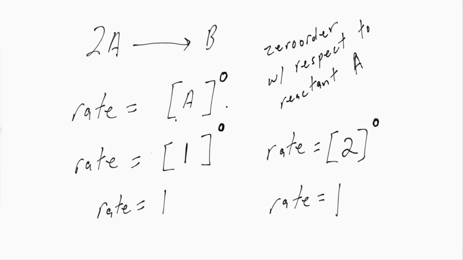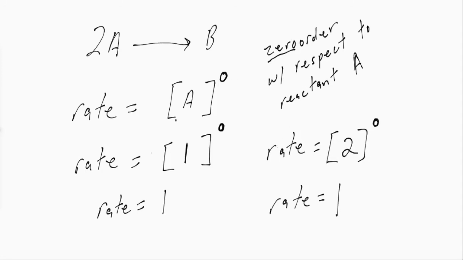Notice that changing the concentration of A, doubling it, I could have put a 3, I could have tripled it. Any way I change the concentration of A, double, triple, quadruple it, it's not going to have an effect on the rate. And that's where we have a 0 order with respect to reactant A.